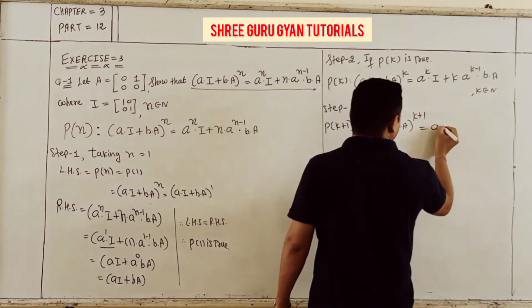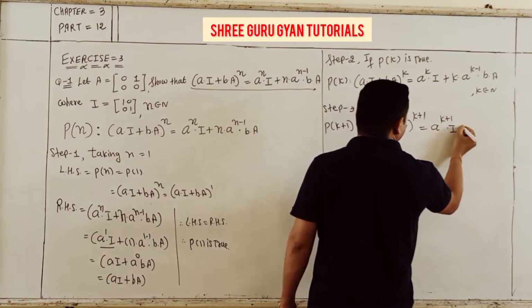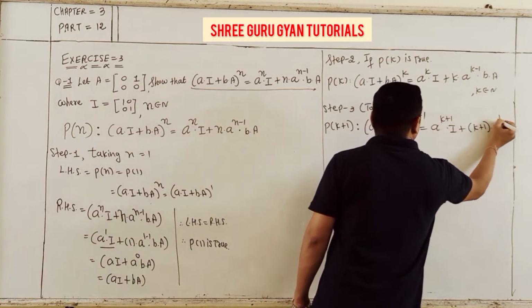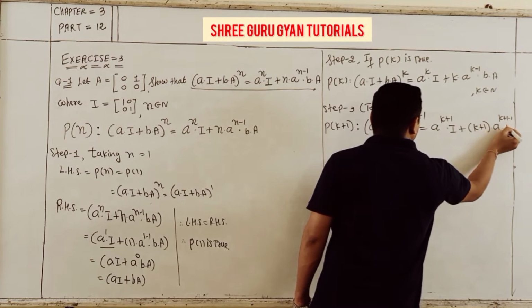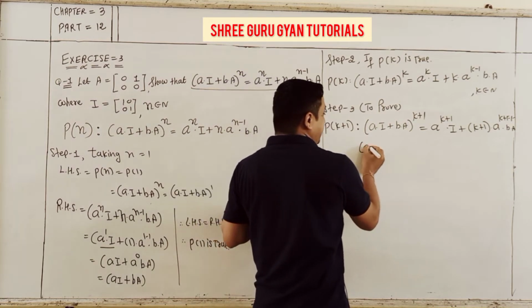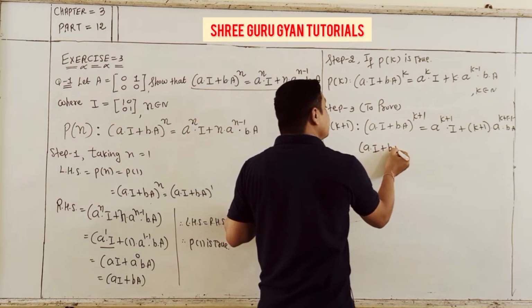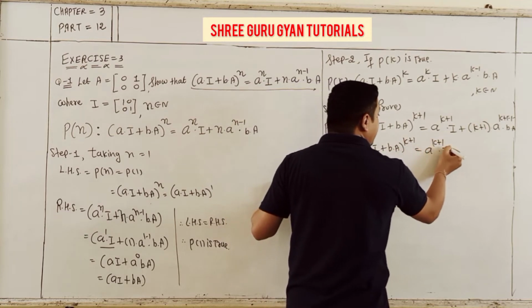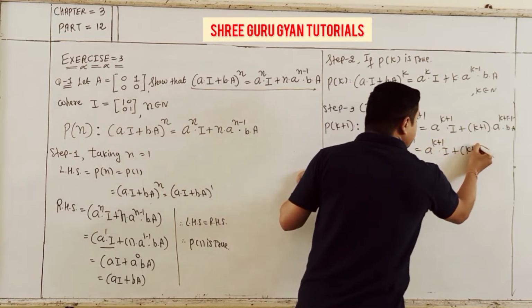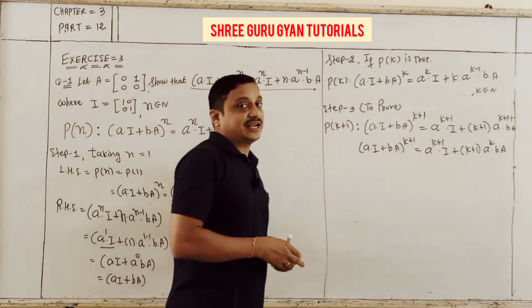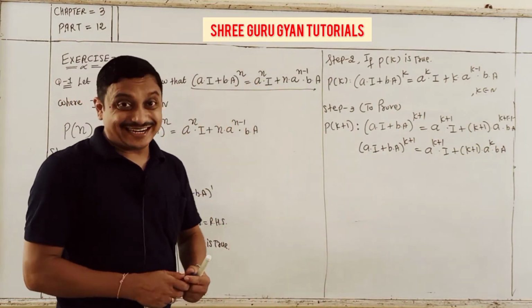This side is also the same: a^(k+1) I plus (k+1) a^((k+1)-1) bA, but that cancels, 1 and 1. In short, we are proving that (aI + bA)^(k+1) = a^(k+1) I + (k+1) a^k bA. That's our target. So now I start with the LHS.